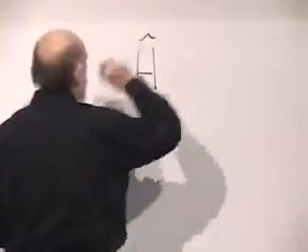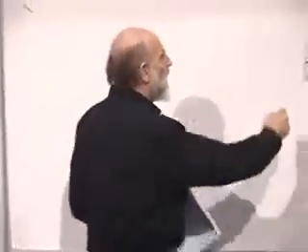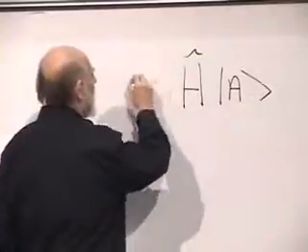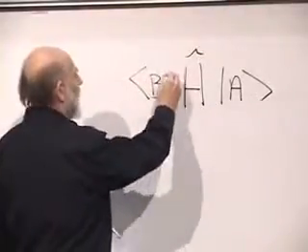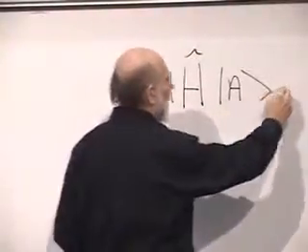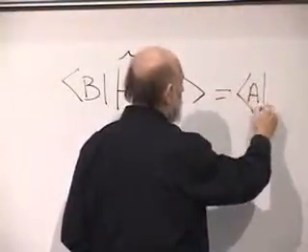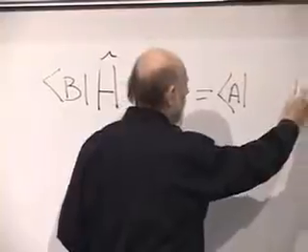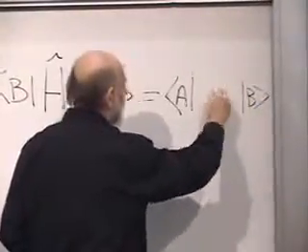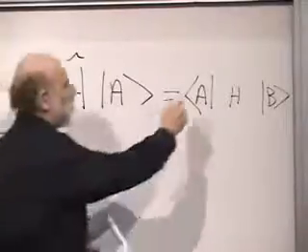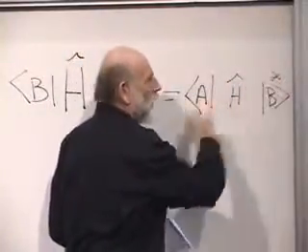Hermitian operators, as all operators, have little hats on top of them. Hermitian operators are defined in the following way. Their matrix elements are such that if you interchange the bra vector and the ket vector, keep the operator the same, then all that happens is it becomes complex conjugated.